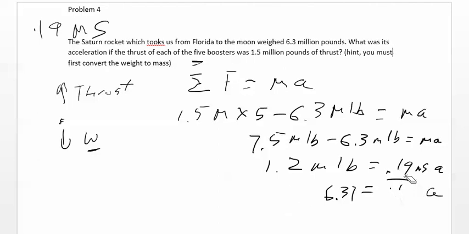But one of the things you can think about is, does the mass of the rocket stay the same all the way up? Well, it starts at 6.31 feet per second squared, but we're using fuel to do that. So actually the mass of the rocket will go down.